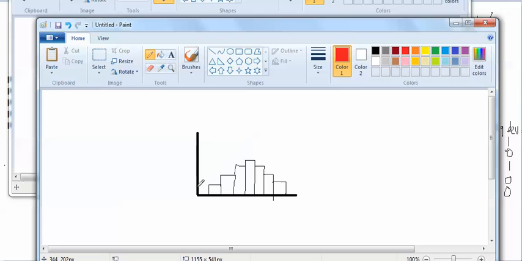If you have a shape like this that follows a bell, it looks like a bell, then it's called a bell-shaped curve, or the more technical word is a normal distribution. You would say that this data is following a normal distribution, because it peaks in the middle and it has this bell shape.